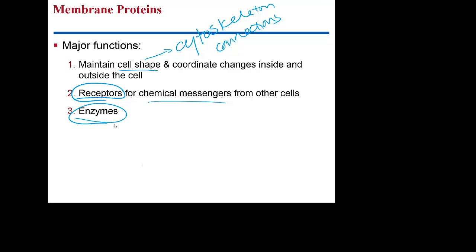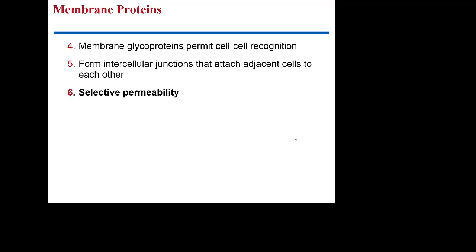And then enzymes, so to actually do some sort of job that's going to help the cell itself, and in particular, their role in metabolic pathways. We also look at glycoproteins being cell-to-cell recognition, intercellular junction, so how do you hold cells together, and then this last one is where we're going to spend most of our focus.